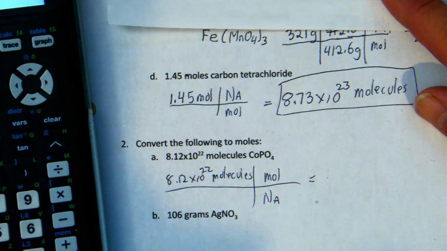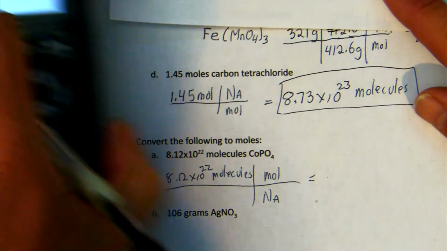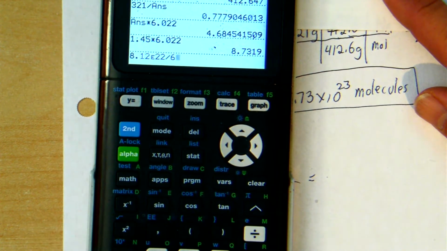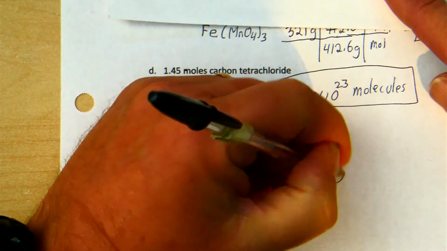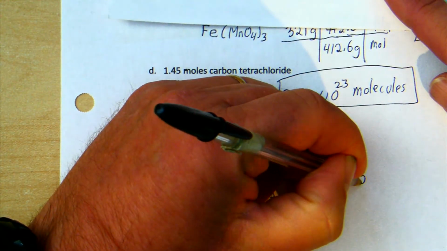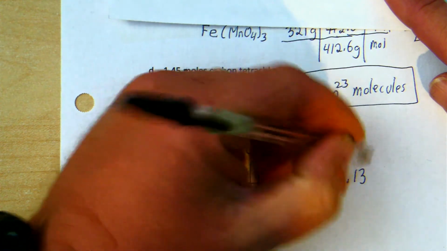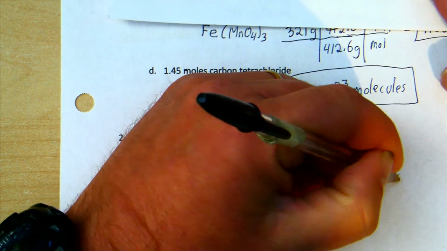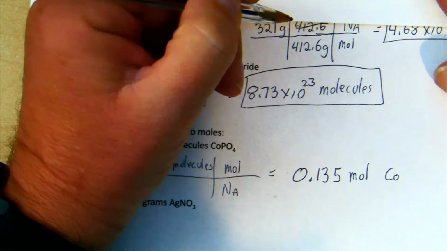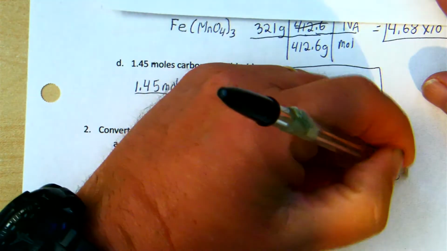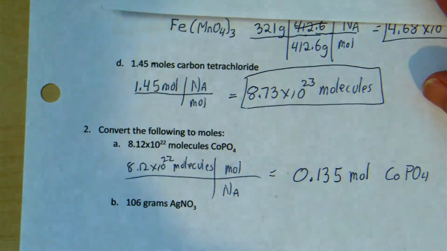So if I go 8.12 times 10 to the 22nd power divided by 6.022 times 10 to the 23rd power, I have 0.135 moles of cobalt 2 phosphate. My guess.